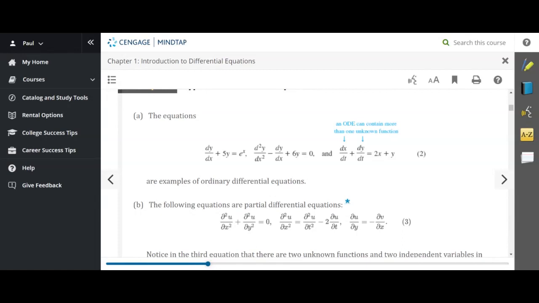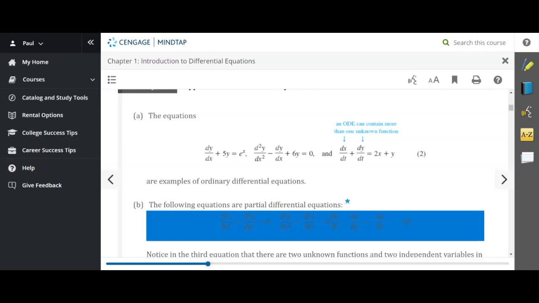And there's a class called partial differential equations. That is usually taken at a 4-year institution, maybe your 4th year of college, or even graduate school. We are focused here on ordinary differential equations, like you see there in part A. Okay, these are ordinary differential equations.